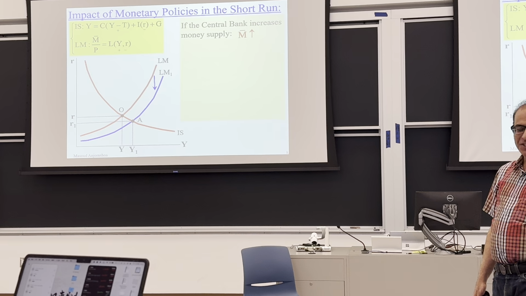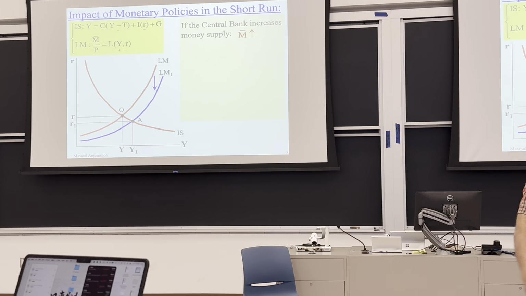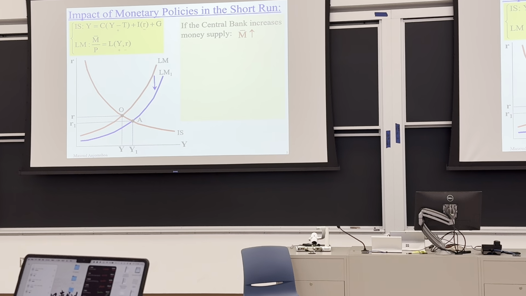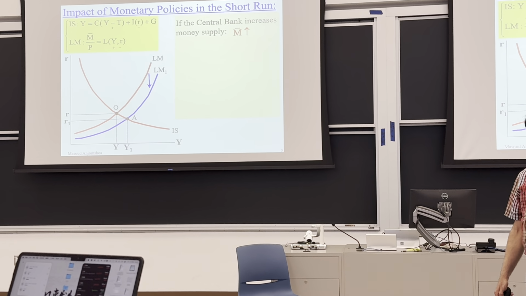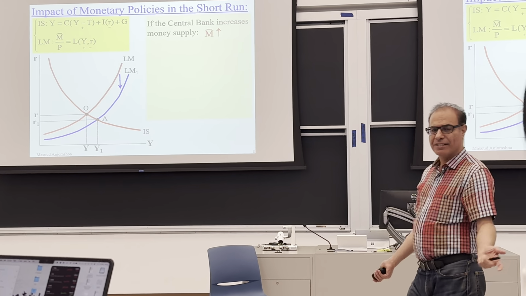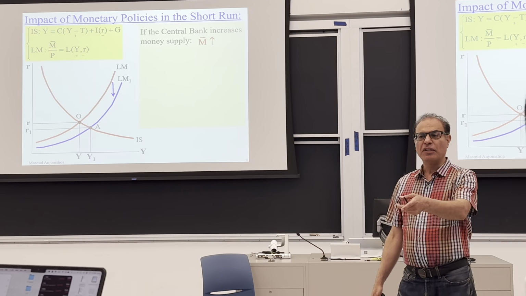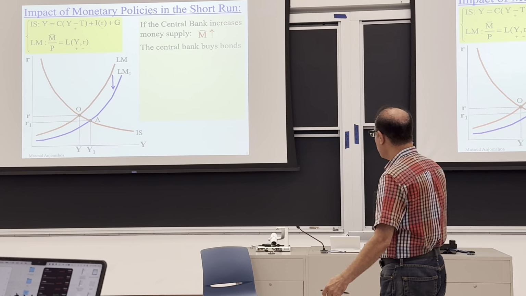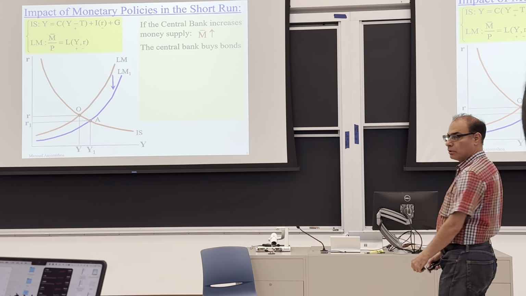Exactly as he said, the central bank has to print money and then go to the bonds market and start buying bonds. You remember we talked about this in chapter 5. There are different ways that the central bank can increase money supply, but we use open market operation, which is the more intuitive one. So the central bank buys bonds.